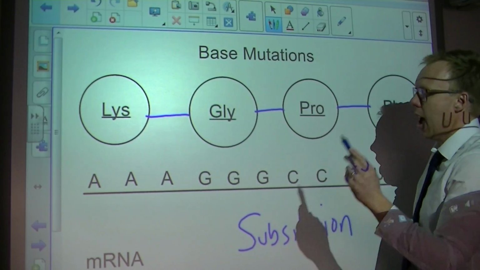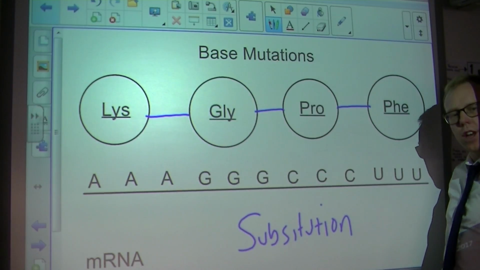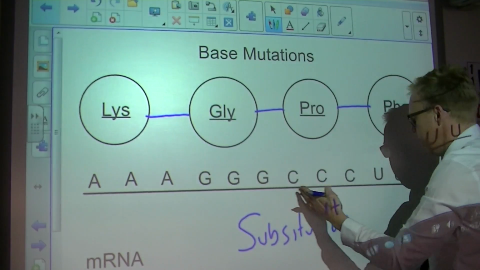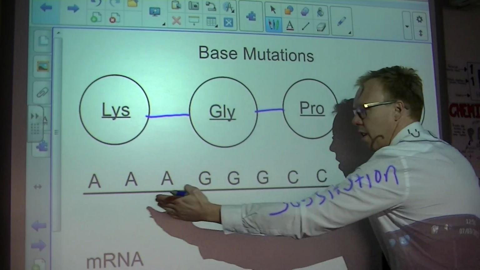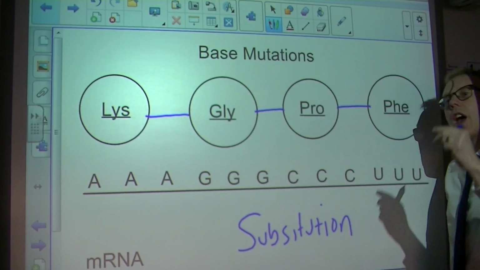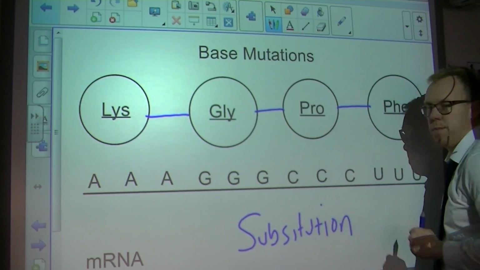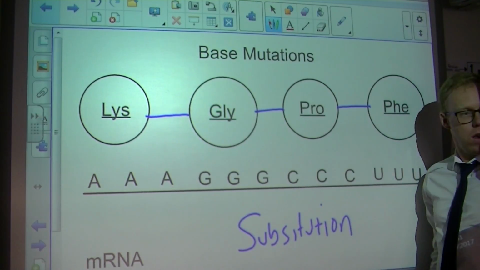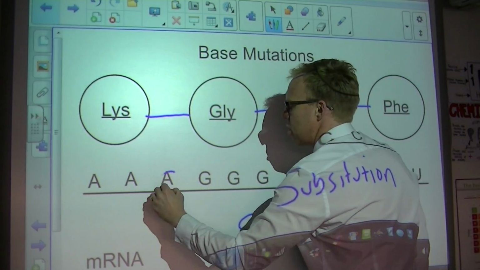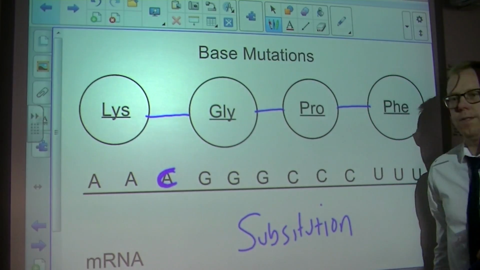Now, I would like you to imagine, and we don't have to imagine, we're just going to do it, that at some point during DNA replication or in the translation or the transcription of this mRNA strand, a mutation occurred and a different base was placed in a different part. And like a football, when a player comes off and one comes on, we can call this a substitution, because I'm going to substitute the A for a C.